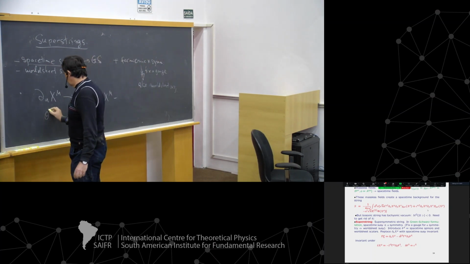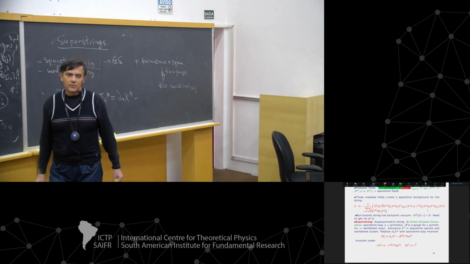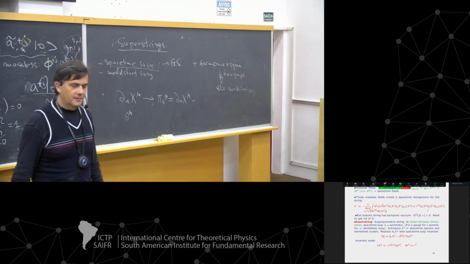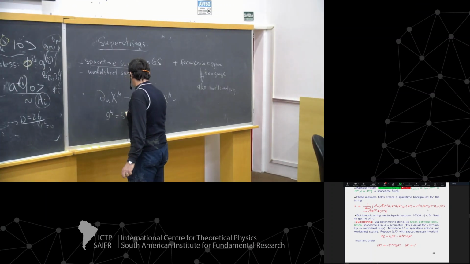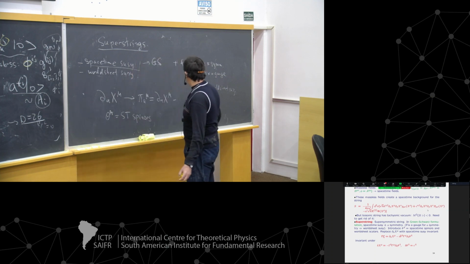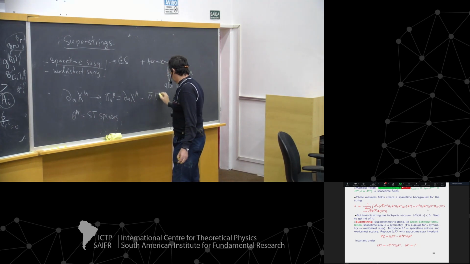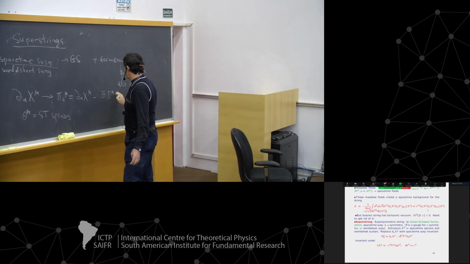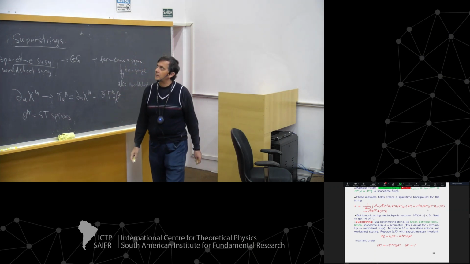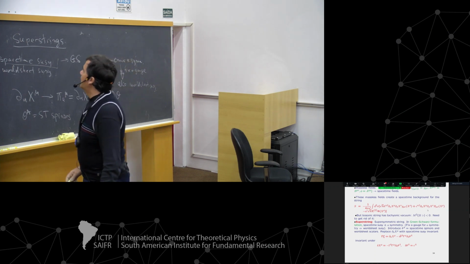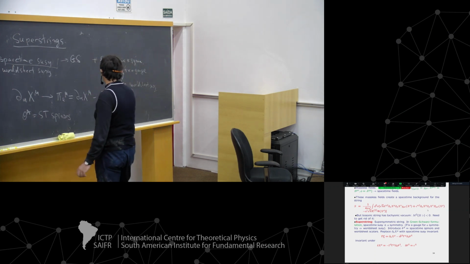So I introduce some theta A, which are space-time fermions. Okay? Spinors. Then in here I have to have, by invariance, that's the only thing I can have, right?